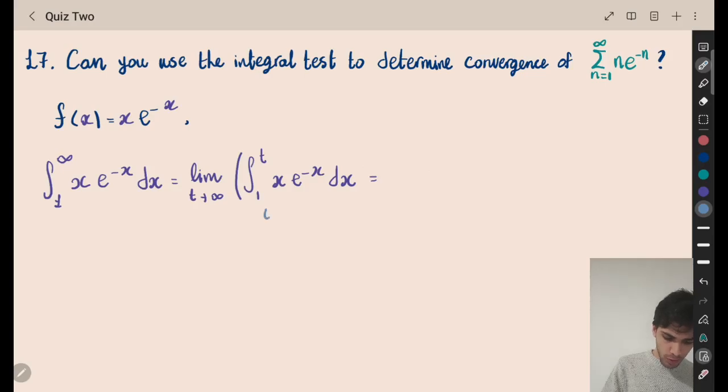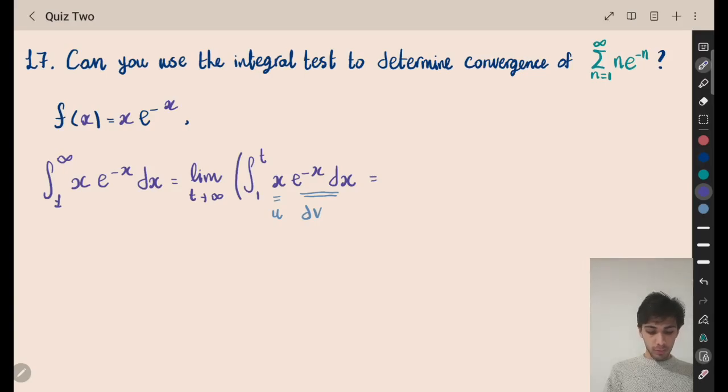I actually need to do this. So you choose e to the minus x to be your integrating factor, and you choose x to be u.